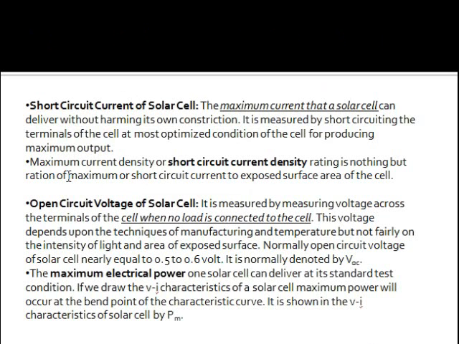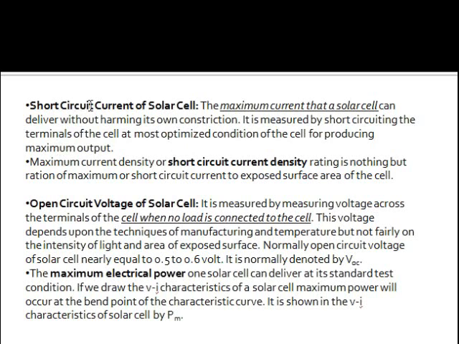To see the definitions, the short circuit current of a solar cell is the maximum current that a solar cell can deliver without harming its own construction, and it is measured by short circuiting the terminals of the cell, and it produces the maximum output current.